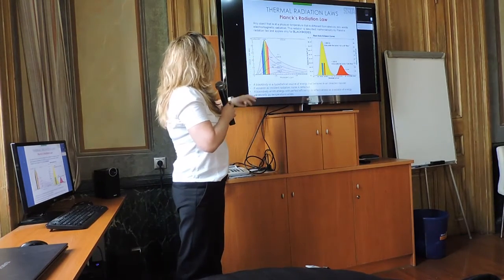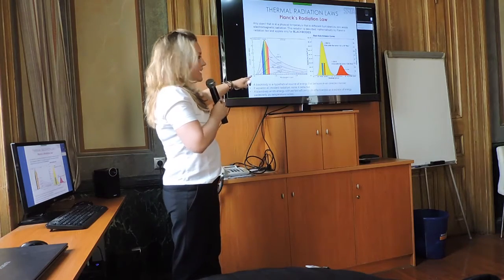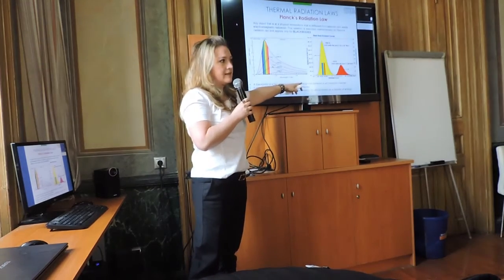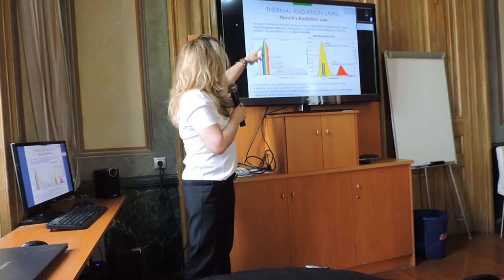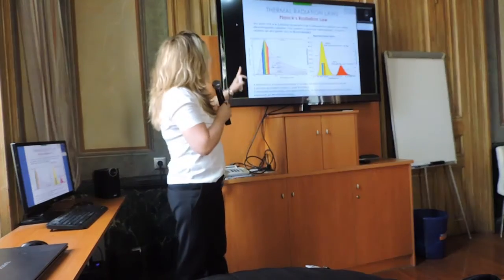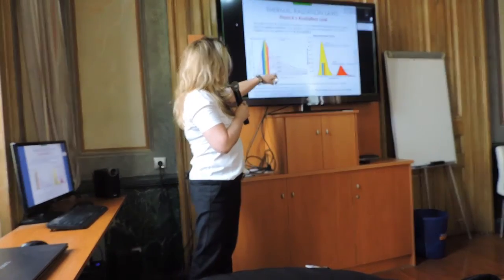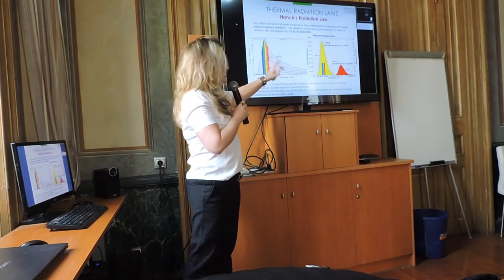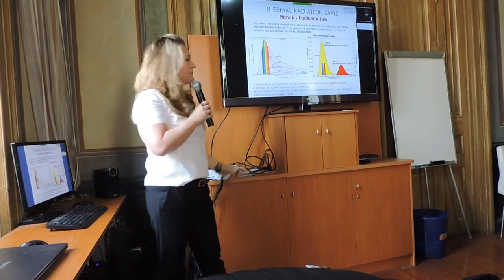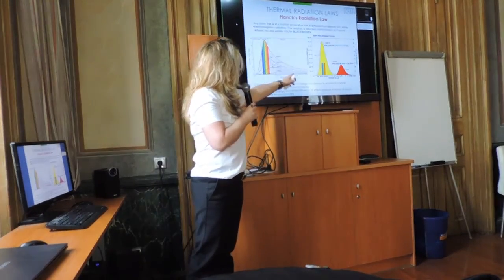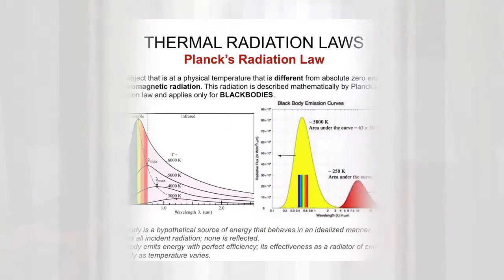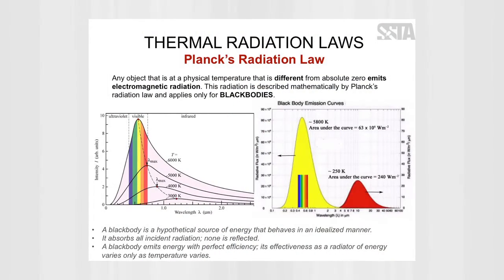Planck's radiation law gives you the distribution of intensity as a function of wavelength. For what? For different temperatures. So if you had a black body with a temperature at, say, 3000 Kelvin, then this small line is actually the function that would show you the intensity for every wavelength in the spectrum.